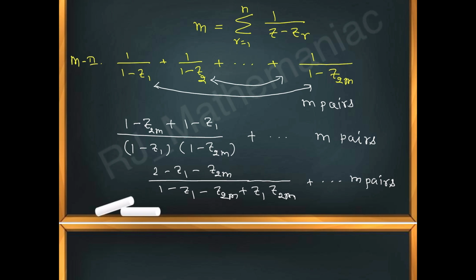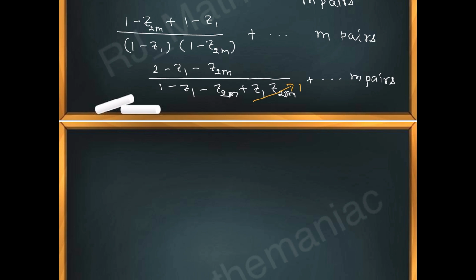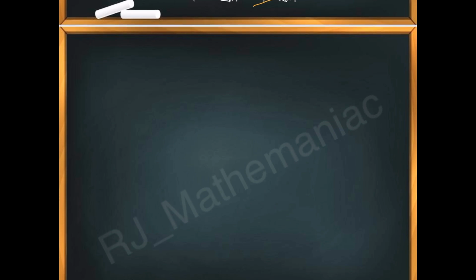So this is nothing but 1 only. So finally you will be getting 2 minus z1 minus z2m divided by 2 minus z1 minus z2m. These are m pairs.